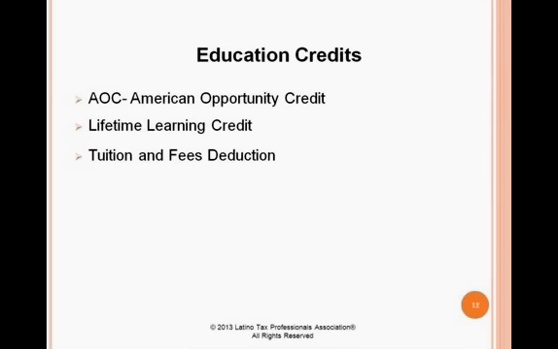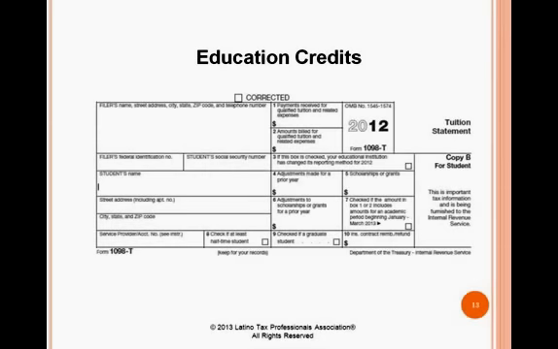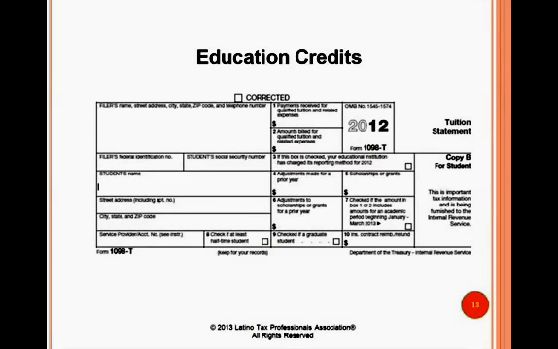One of the changes they made for 2012 is in the requirement of what you're looking at, Form 1098-T. This is going to show you Box 1, payments received for qualified tuition and related expenses, or it'll show up under Box 2, amounts billed for qualified tuition and related expenses.